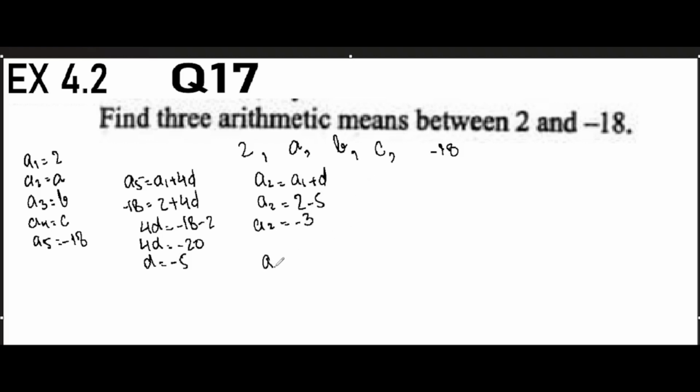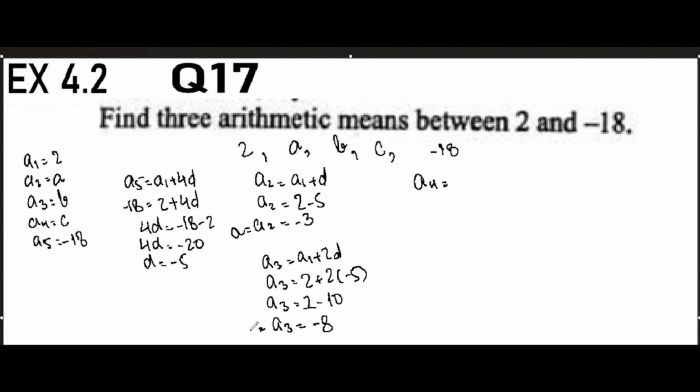Now a3 is equal to a1 plus 2d. a3 is equal to a1, which is 2, plus 2 into d, which is minus 5. So a3 is equal to 2 minus 10. a3 is equal to minus 8. A2 was also equal to a, and a3 was equal to b.